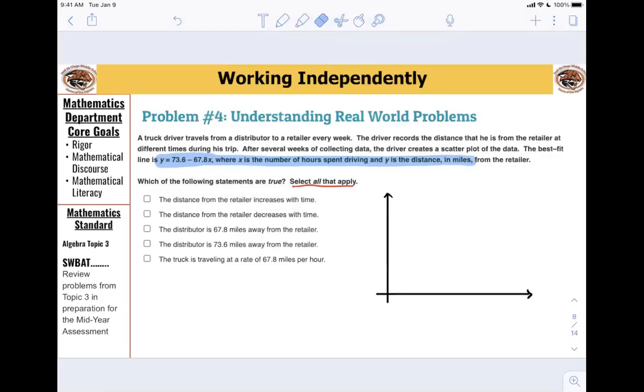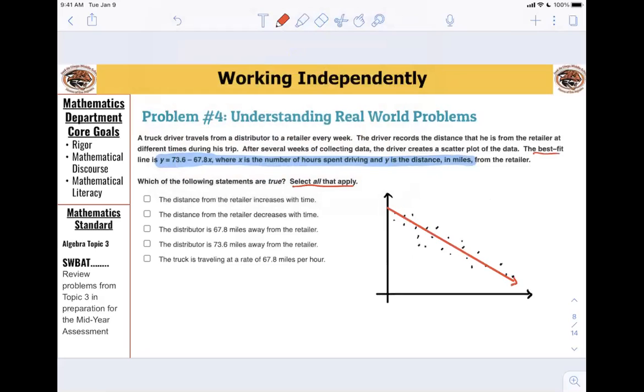More often than not, this driver collected some data, and his data probably looked something like this. And then he was like, okay, I can draw a line that kind of passes through these points somewhere in the middle. And that's what the best fit line is. We're going to learn a little bit more about that.